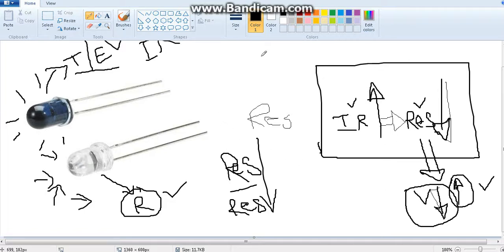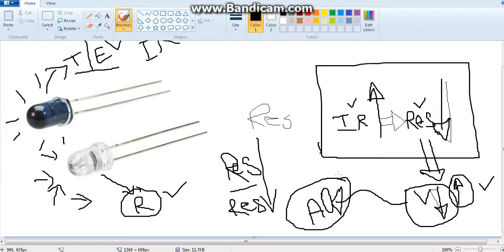Now if the voltage is falling down, using what we have studied, we can take a wire from the place where the voltage can be read and send it to an analog pin, let's say A0, and read the analog values. When the voltage is changing, the analog value also will change from 0 to 1023.